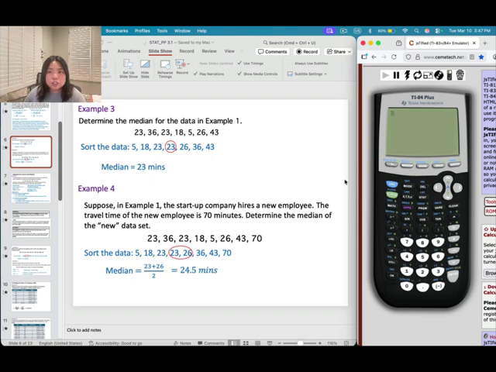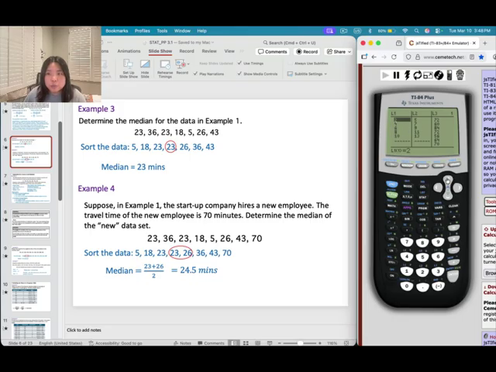Okay, now I'm going to teach you guys how to use your TI-84 calculator to find out the mean and the median. So first, on your calculator, you click on the STAT. You can see you will have 1: Edit. Okay, so I can enter. So on my data list, I do have some old data here. So how can I clean it up?